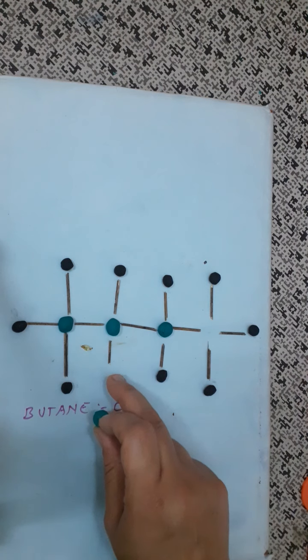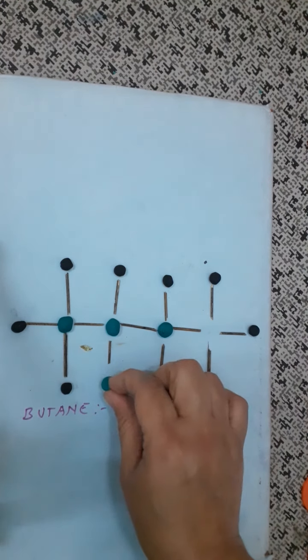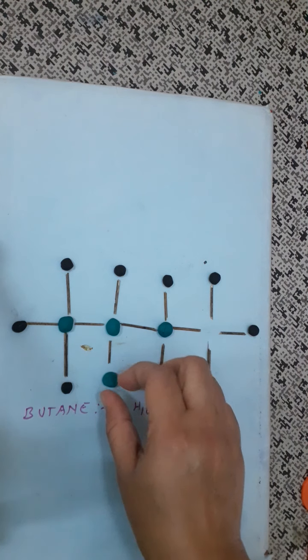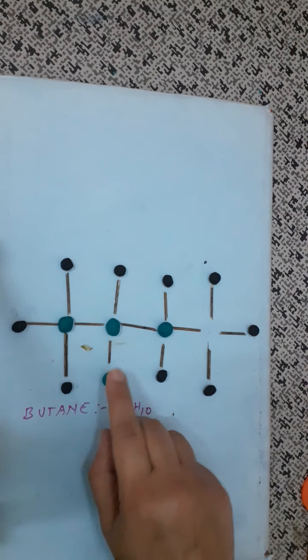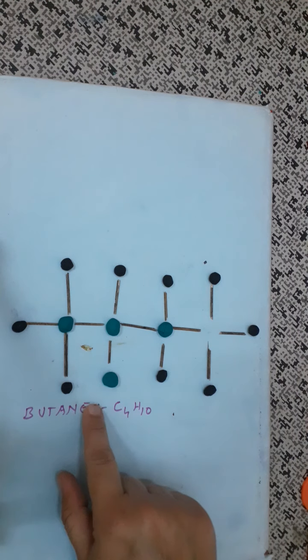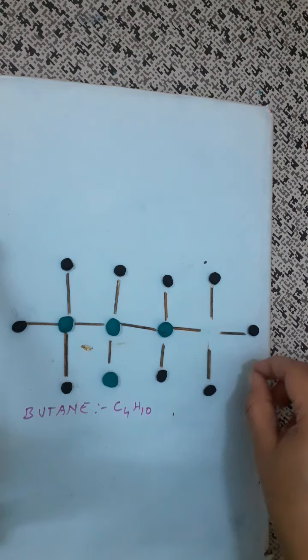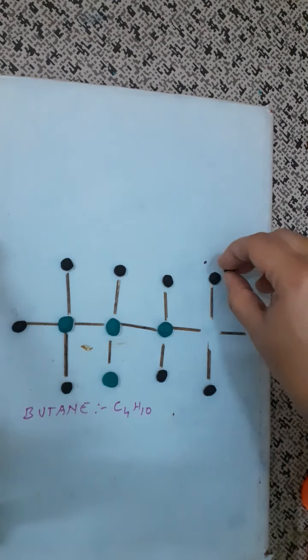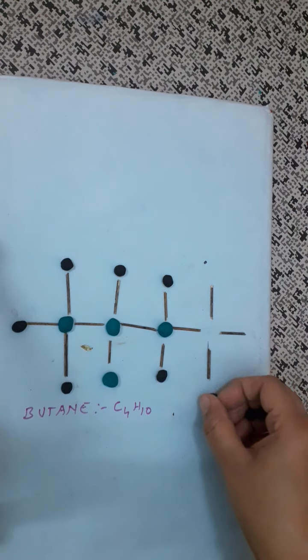When I want to link this carbon to the middle carbon, I do it by replacing one hydrogen. I removed one hydrogen from here. But when this carbon is linked to that carbon, only one bond has been satisfied, so the remaining ones should also be satisfied. Hence it is going to be linked to 3 more hydrogens.